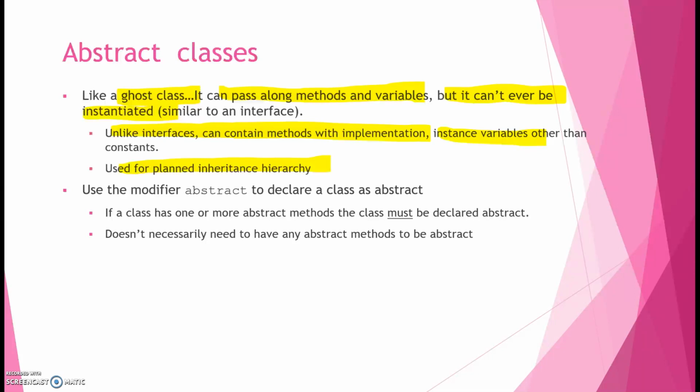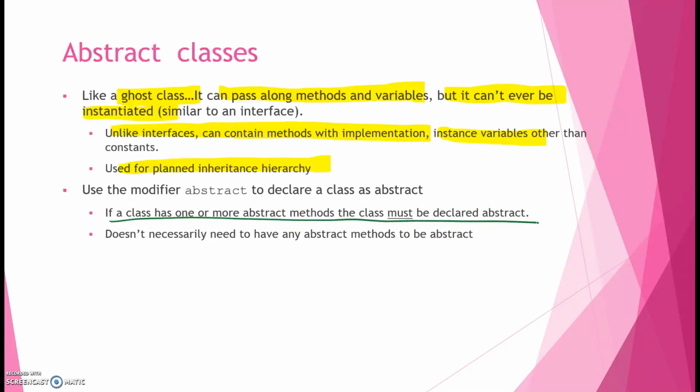The subclasses have to provide their own implementation for those methods. And so those methods would be abstract, meaning that there's no code in them. And if your class has one or more abstract methods, then the whole class is considered abstract. Okay, so if the class has one or more abstract methods, then the whole class is abstract.